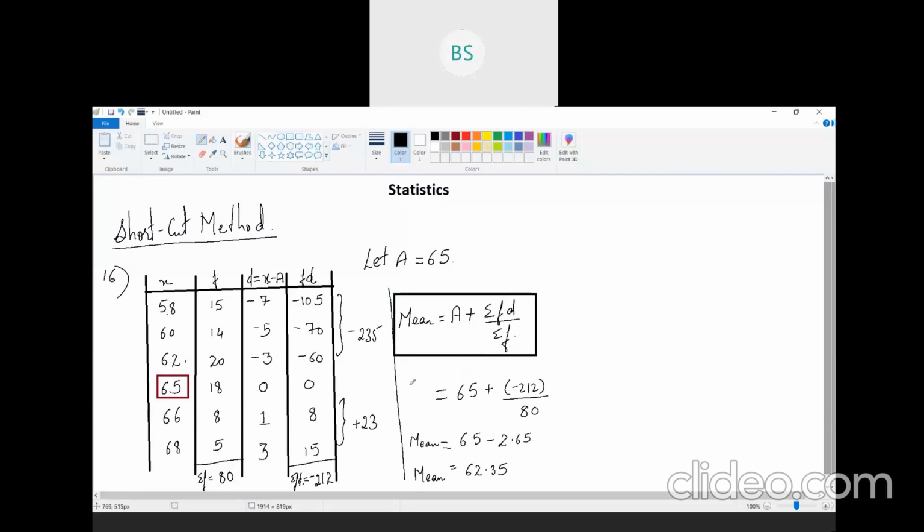So did you all understand this shortcut method? Okay. So just finish copying this down. Once you finish this sum, you'll let me know.